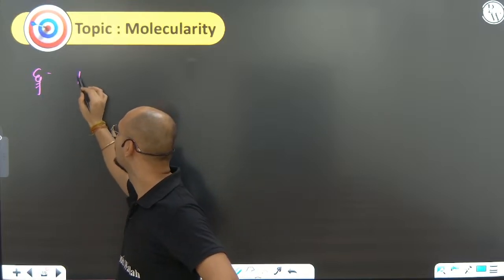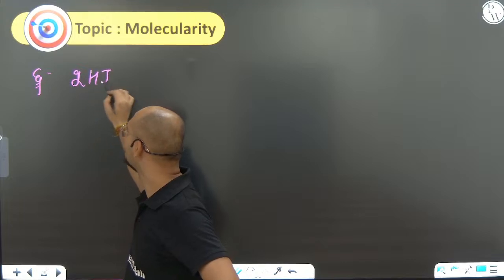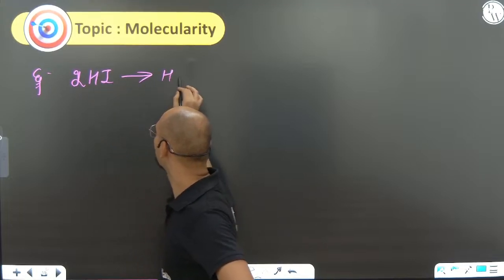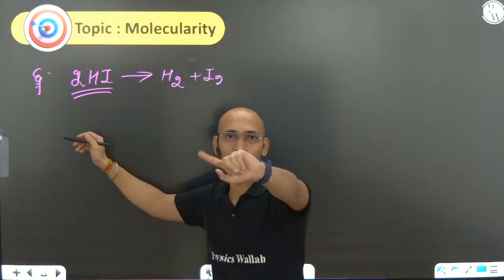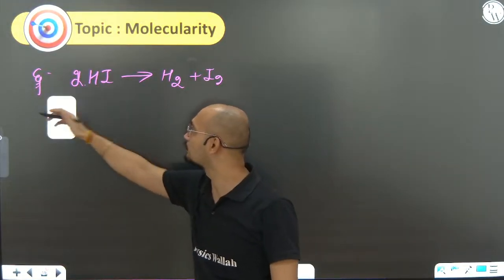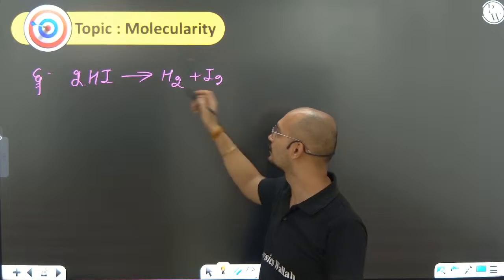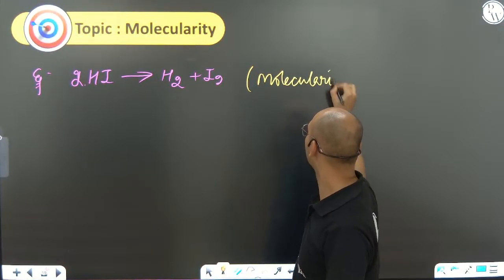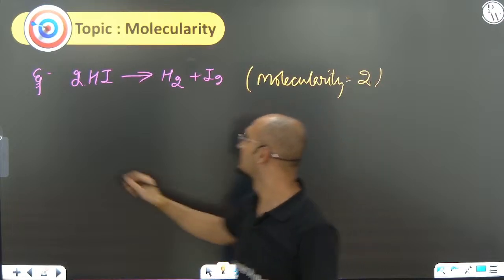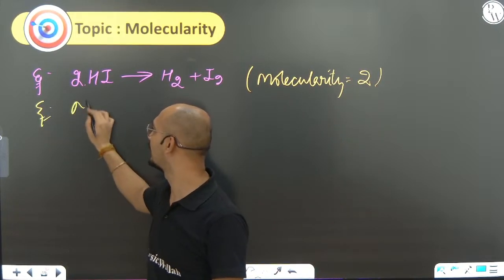Example: 2HI converting into H2 plus I2. How many of HI are there? 2. Not moles, consider it in the molecular form, not the molar form. Two molecules of HI are giving H2 plus I2. Therefore, molecularity will be equal to 2.